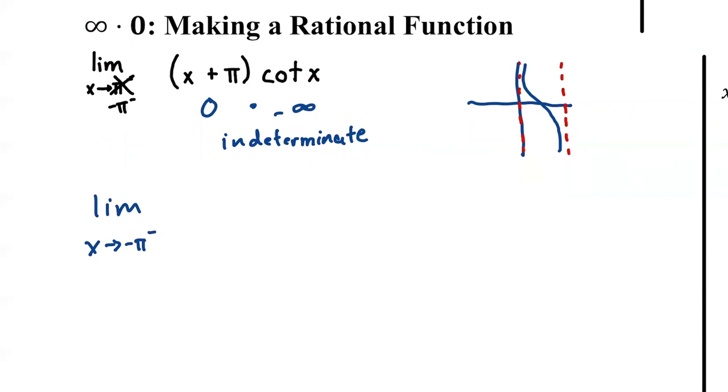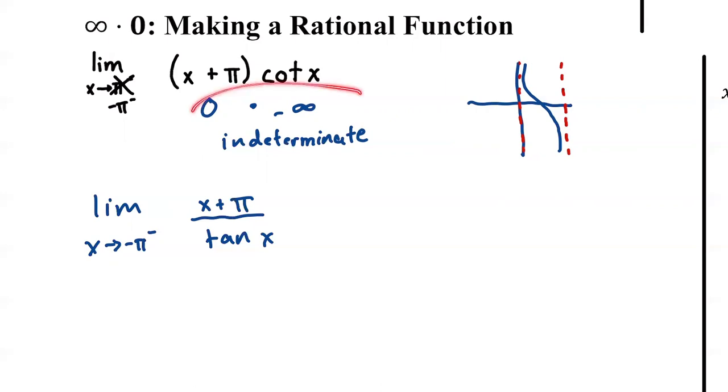That is to say, I'm going to use x plus pi over tangent of x. So again, this is equivalent to our original function because we just switched the trigonometric function we were dealing with. L'Hopital's rule requires us to have a rational function, a numerator and a denominator, and sometimes you'll just have to do a step like that.